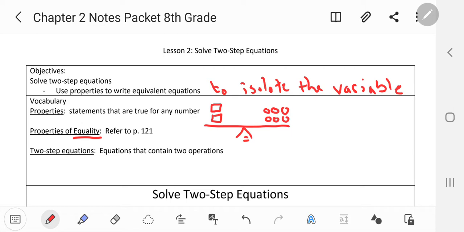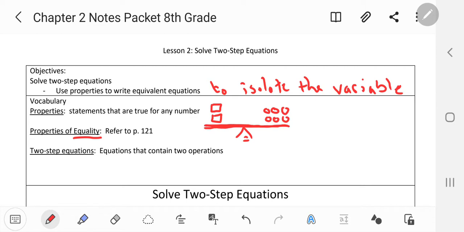All right, that's the property. That's the multiplication property of equality, because I multiplied by 2 on one side and I multiplied by 2 on the other side. And that would keep it balanced. You can visualize that, right?